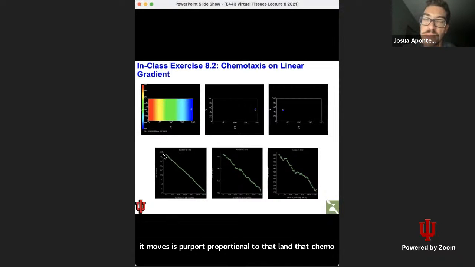And the response is linear on the gradient, which means that if the gradient is linear, then the velocity at which the cell moves across the simulation domain is going to be constant. Okay, and those things are important.